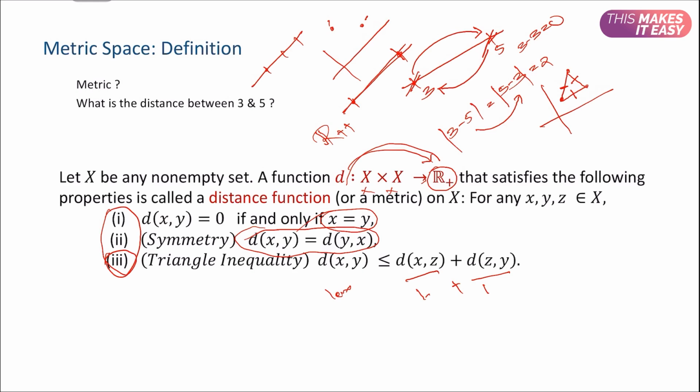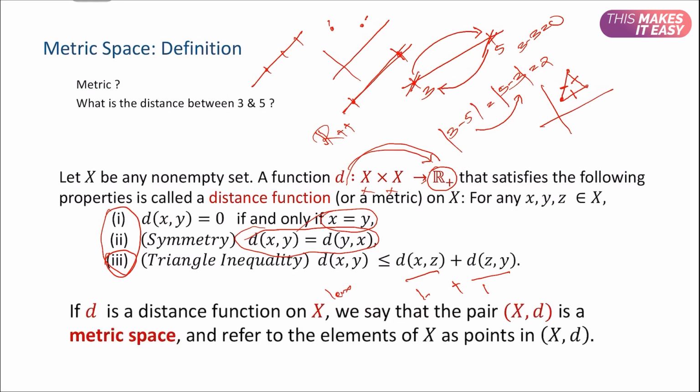So we have a distance function now. If that distance function is put together with a set X, then that pair (X, d), where X is a set and d is a distance function that satisfies these three properties, is called a metric space. And the elements of X are called points in the metric space.